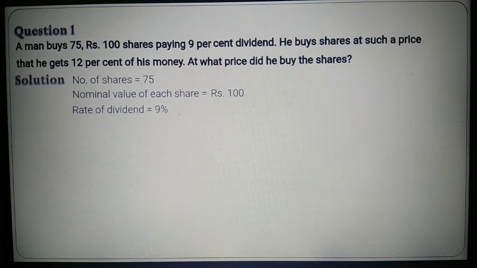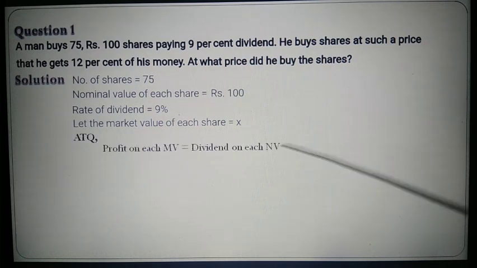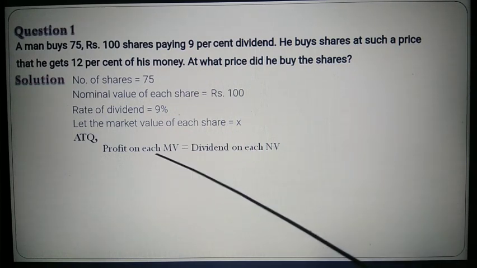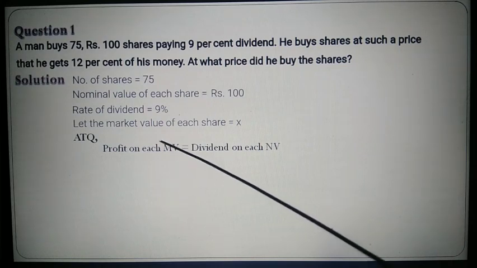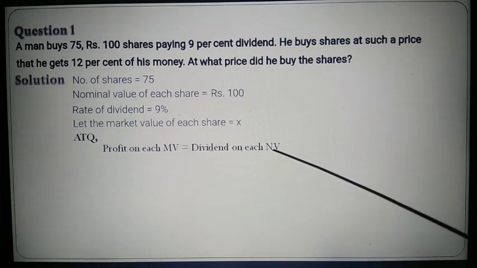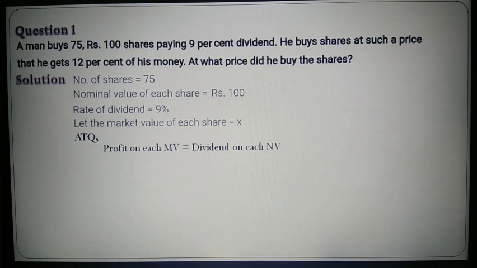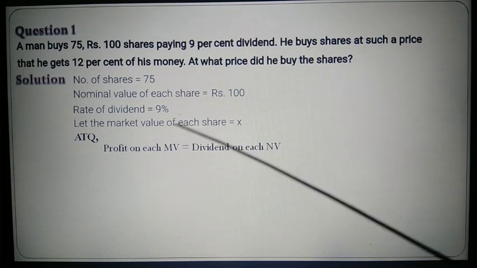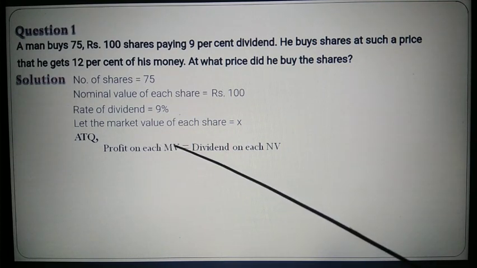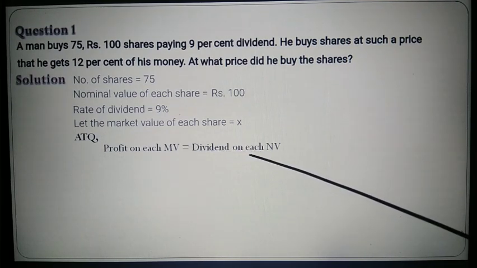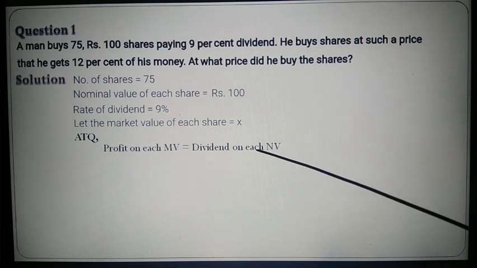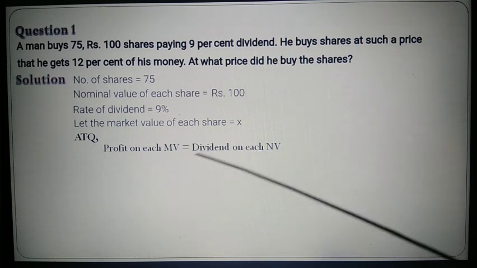Now I am going to assume my market value of one share to be X. You need to remember this very carefully: profit on market value of one share is equal to dividend on nominal value. You need to remember this all the time.